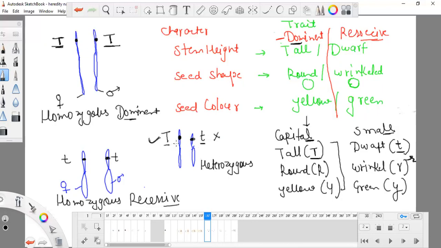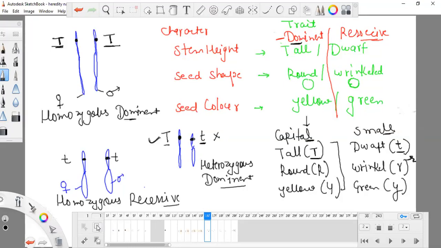So it is heterozygous first of all because the two alleles are totally different, and there is the influence of the dominant. So it is known as heterozygous dominant, because there is no effect of this recessive at all. Even though it is present, it is negligible and will not be considered. It is present, yes, but it is not considered.